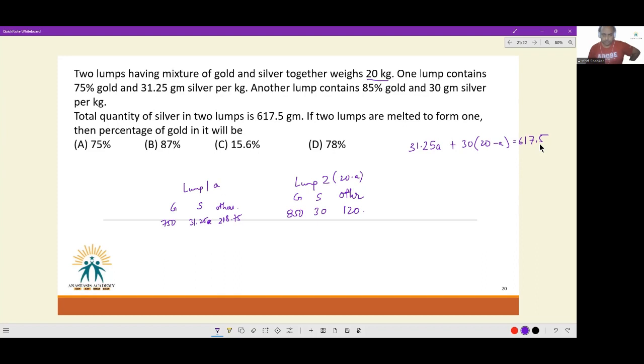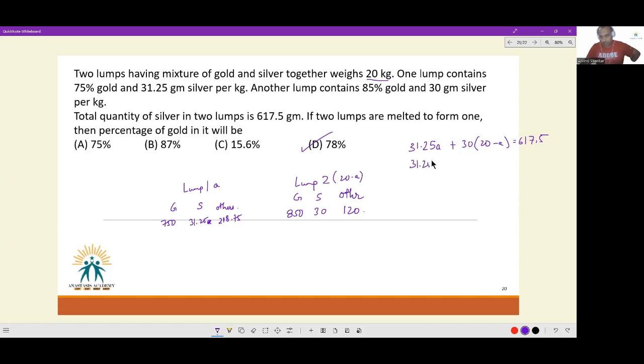Okay. The answer is D. I am unnecessarily doing nonsense here. The answer is D, I am hoping. But let's work it out maths wise.